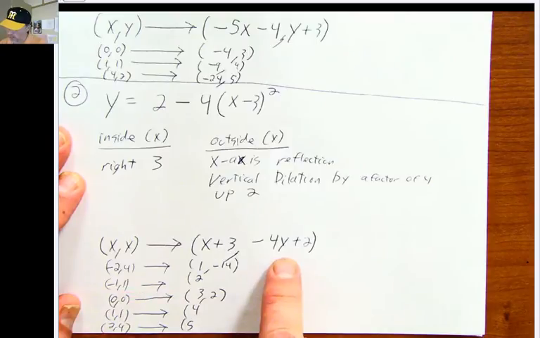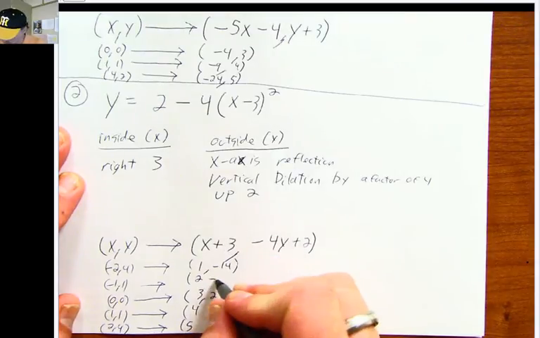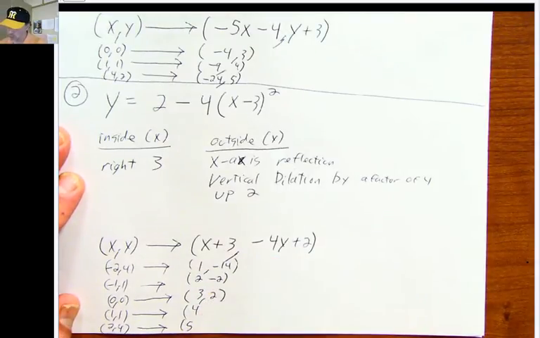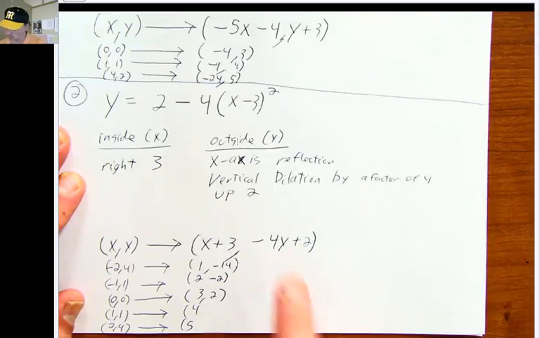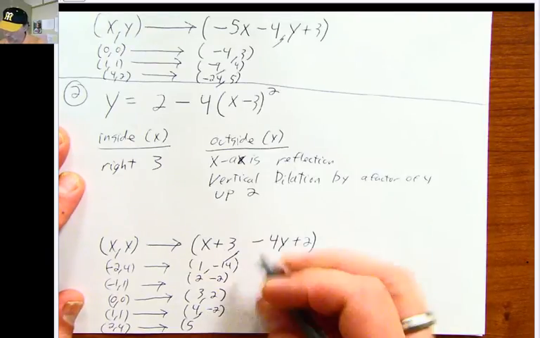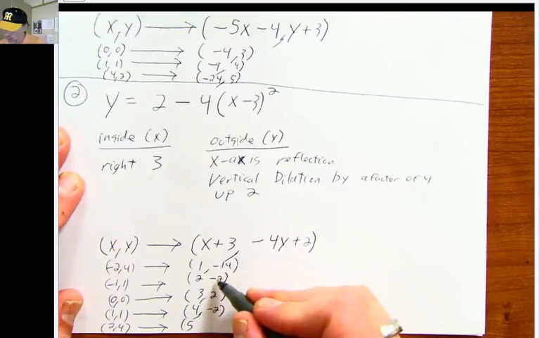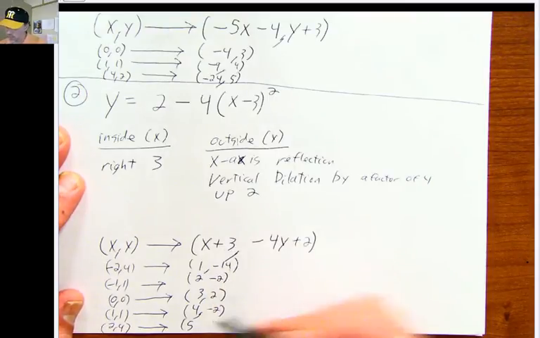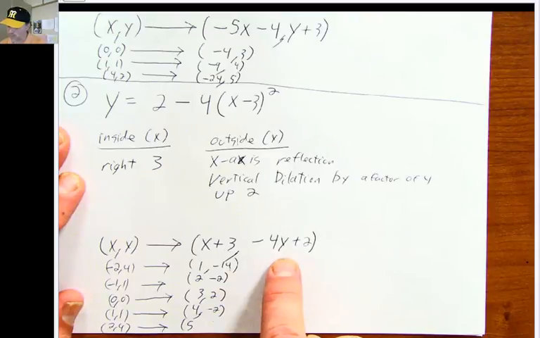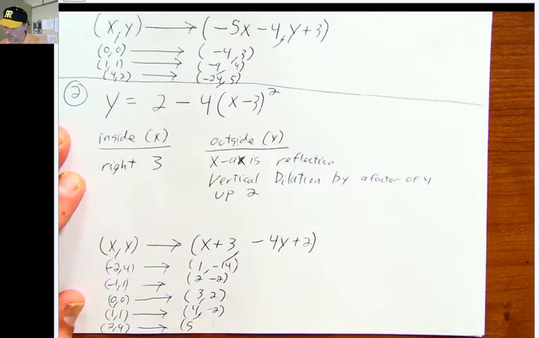Then 1, -4 times 1 is -4, -4 plus 2 is -2, and that should match this number here. So I should get a -14 with this last one. 4 times -4 is -16, -16 plus 2 is -14.